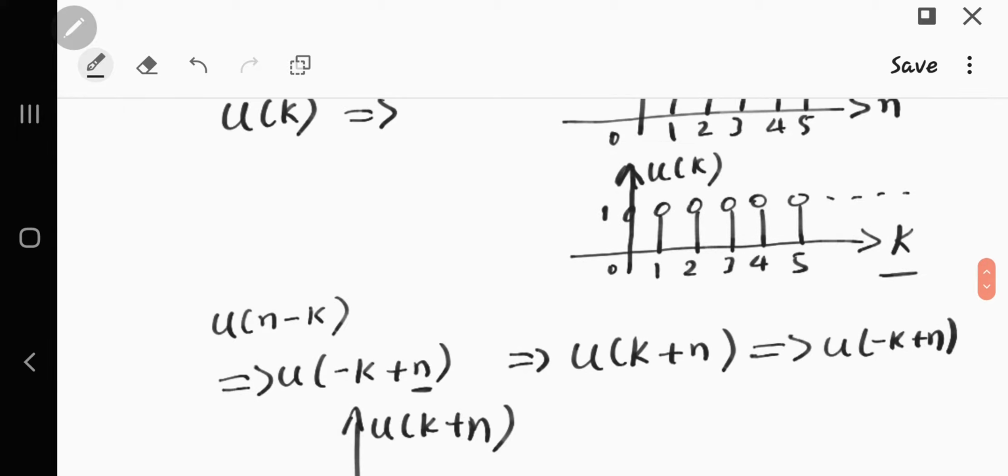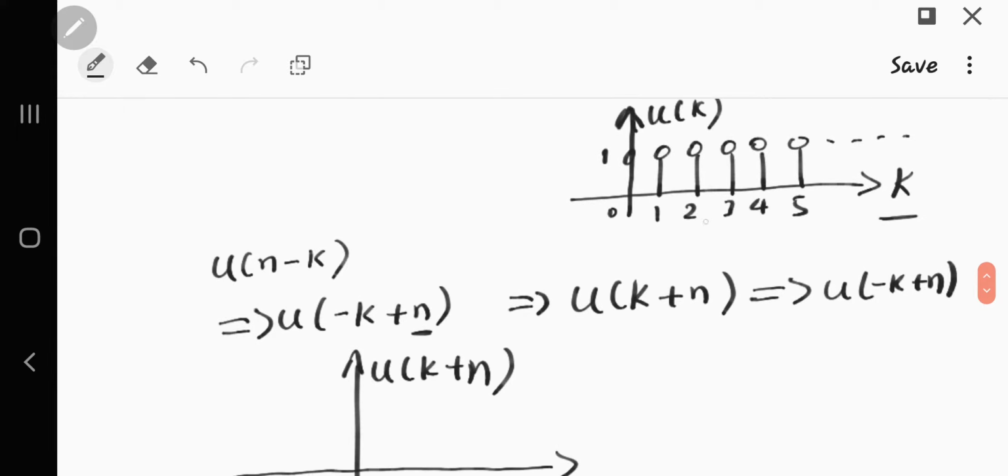Observe this, this is u[k] varying from 0 to infinity with respect to k. Now here u[k plus n] is there. So plus n represents the time shift here, but the value of n is not specified. Since it is plus n, we have to shift towards left, but how many times we don't know.